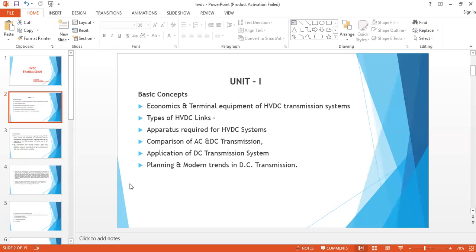And second, for long distance transmission, HVDC is economical. So these are some of the advantages.